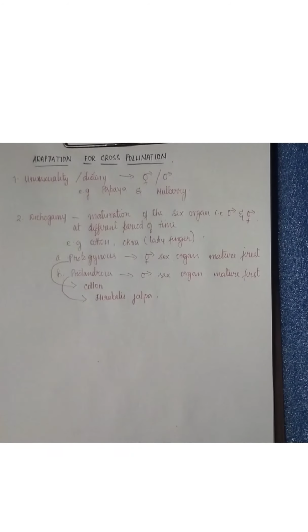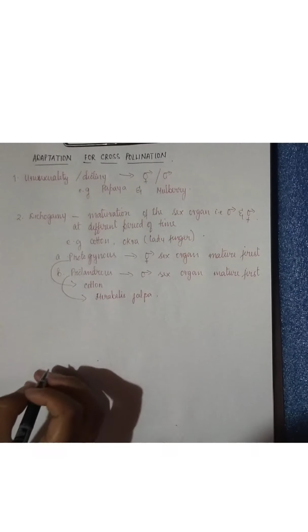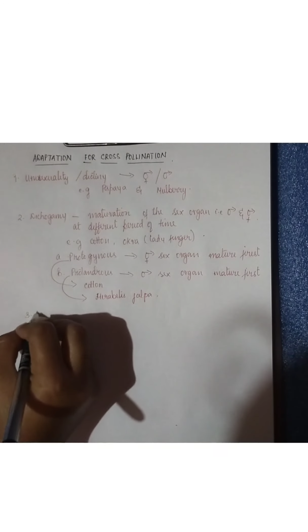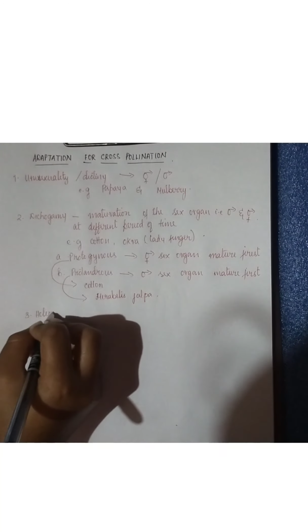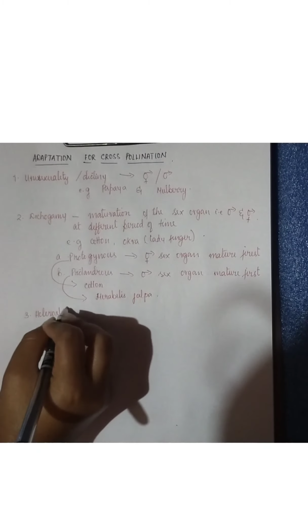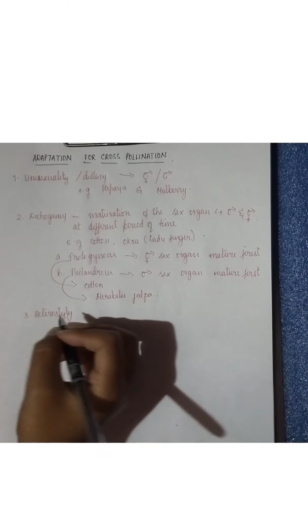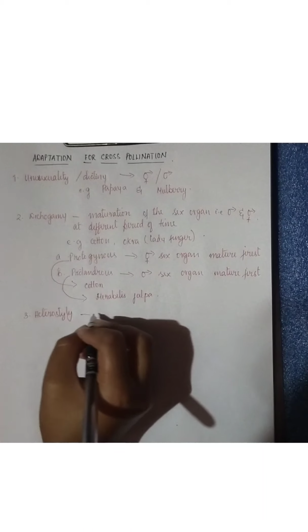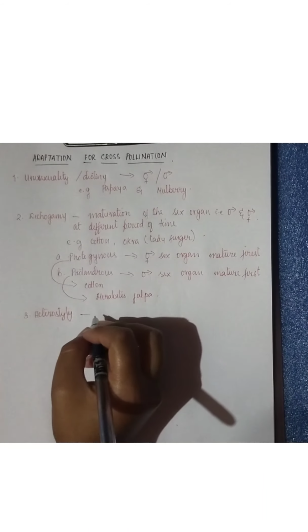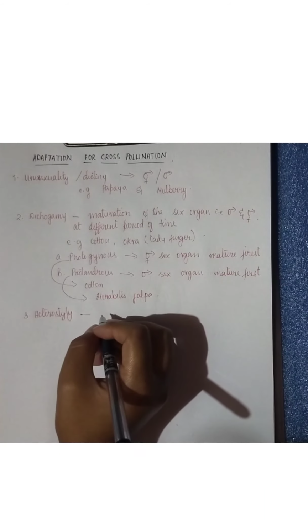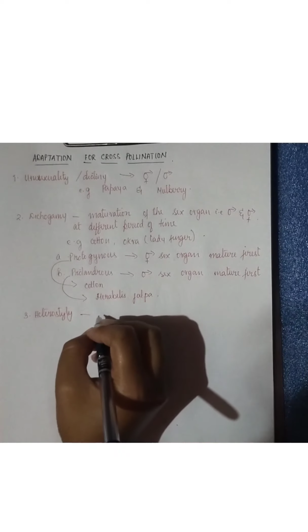So the next character is heterostyly. Heterostyly here means cross-pollinated flowers which have different lengths of style.